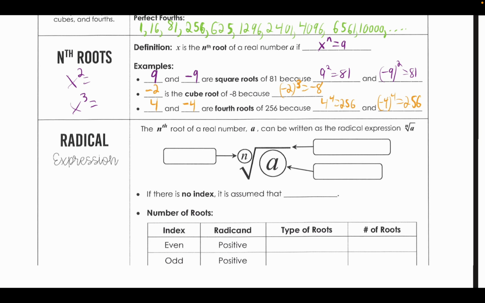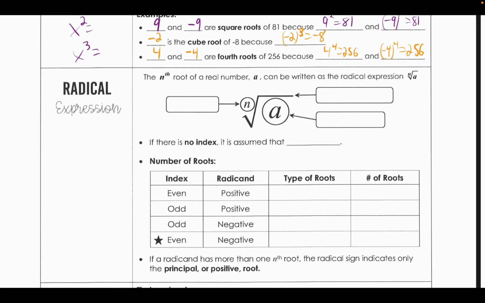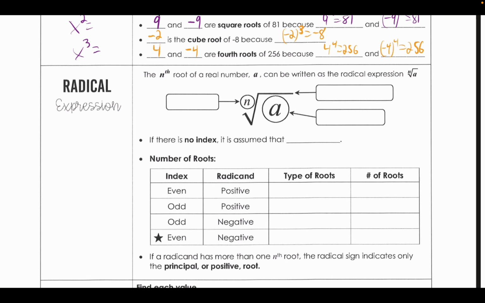So in general, even roots will have 2 answers, and odd roots will have 1 answer once we're finding nth roots. But what we're going to be doing today is actually just simplifying radicals, and so we won't be necessarily doing that. But let's talk a little bit further about nth roots before that.